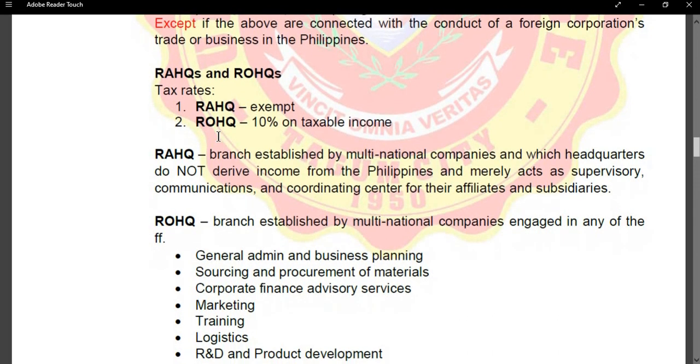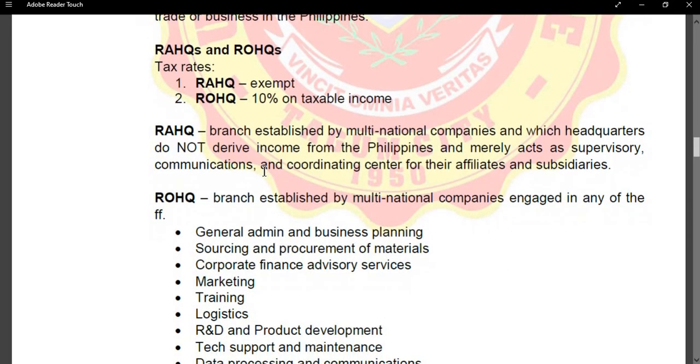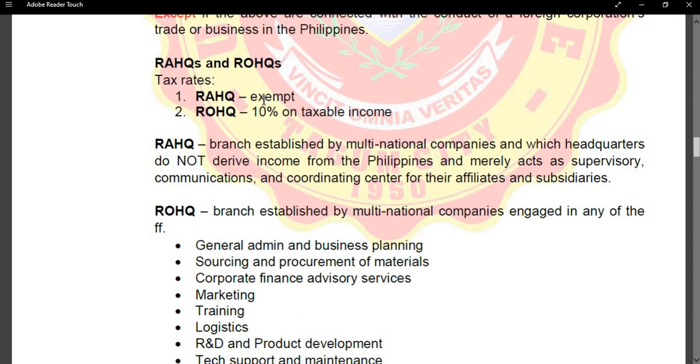What's the reason RAHQ is exempt and ROHQ has to pay 10%? Because RAHQ offices in the Philippines are not more on operation. They are more of a supervisory, communication, and coordinating center. That's why they are exempt from paying income tax.